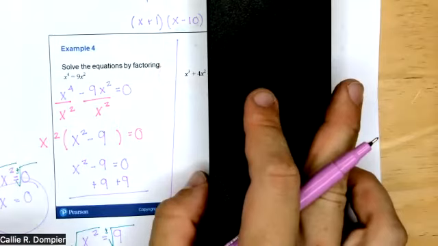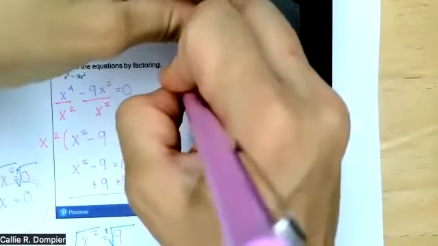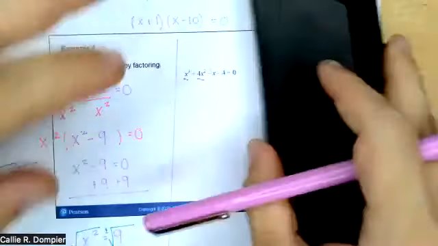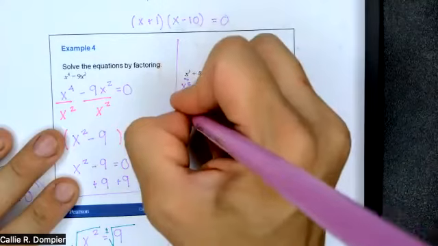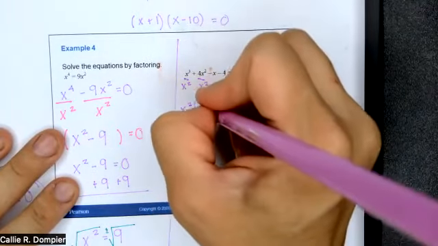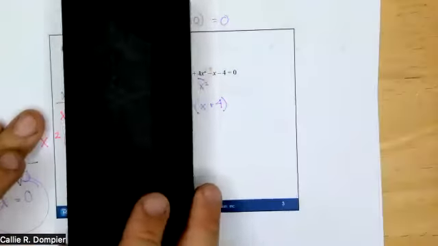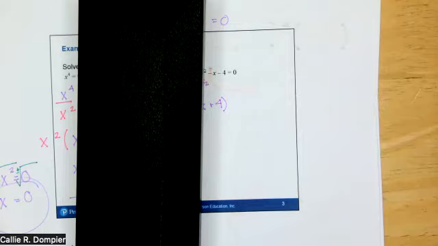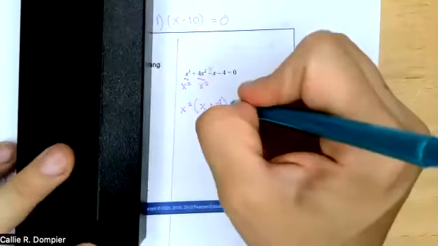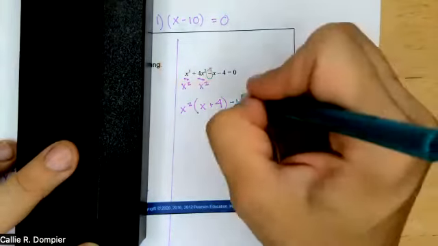So we have x cubed plus 4x squared. I can factor out an x squared, right? So that becomes x squared times x plus 4. Negative x minus 4, so I can only factor out a negative 1 because you have to use whatever sign is between the two.